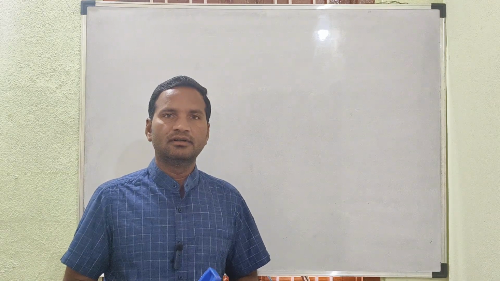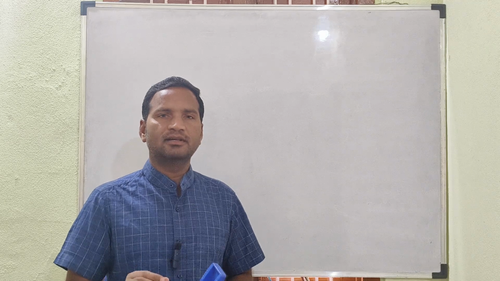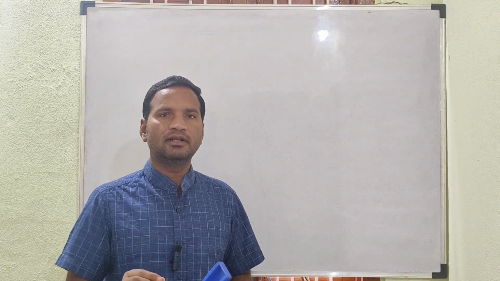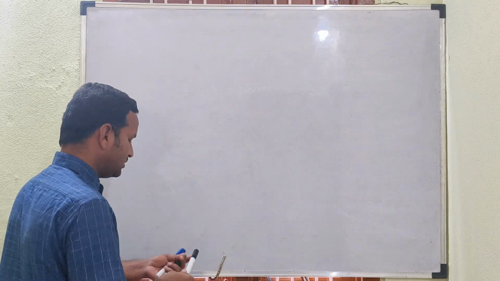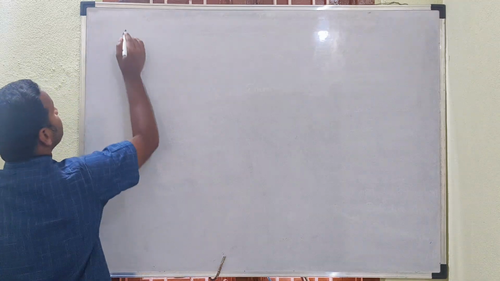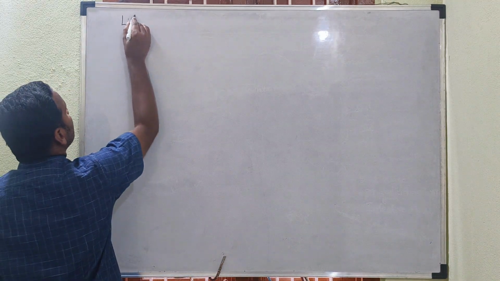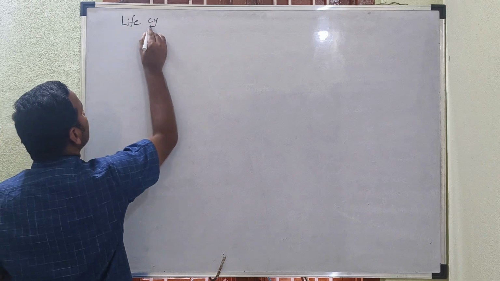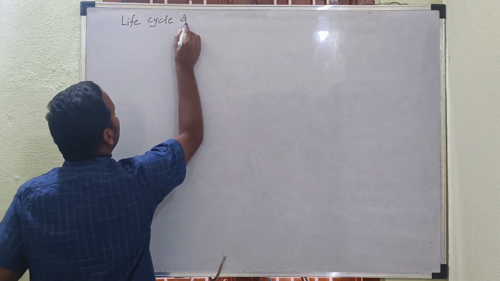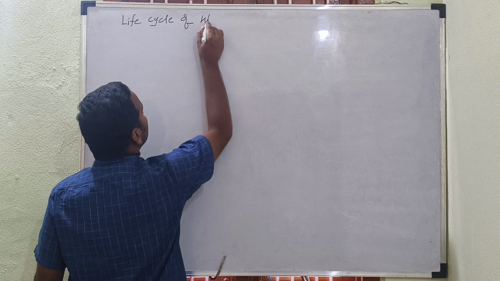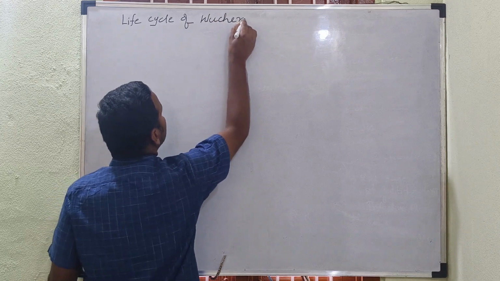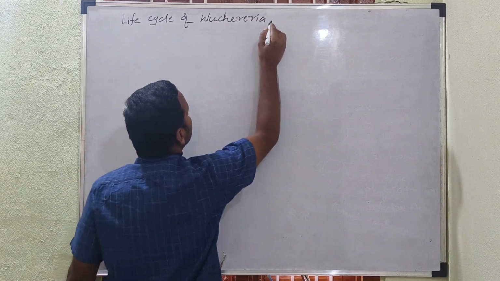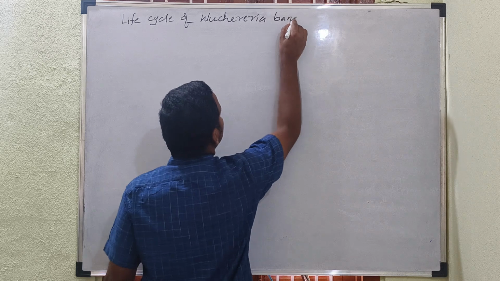In this class, let us discuss one of the most important questions for IPE, 8 marks. That is the life cycle of Wuchereria bancrofti. Now in this class, our topic is the life cycle of Wuchereria bancrofti.